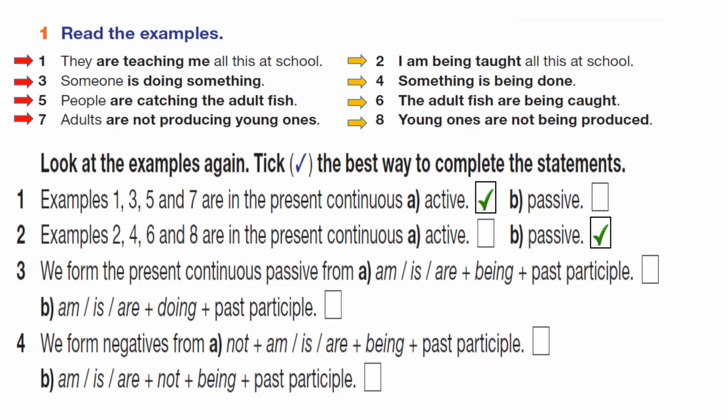Number 3, we form the present continuous passive from am, is, are plus being plus the past participle. And number 4, we form negatives from is, am, or are plus not plus being plus the past participle.